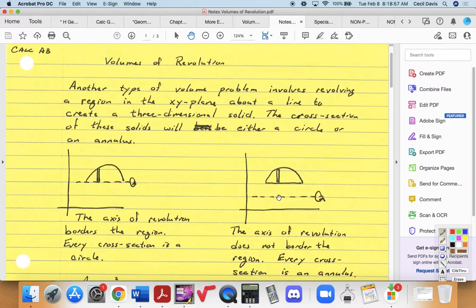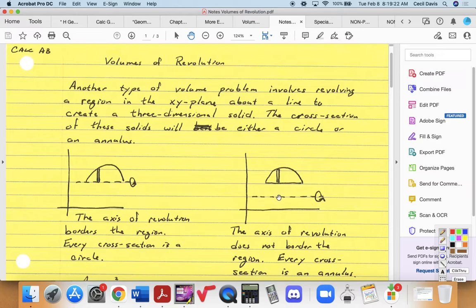So if every one of my slices is attached to the axis of revolution, every slice is going to be a circle. And if none of them are, except for sometimes on the very end, it'll touch in one place, but it still works. If you have slices that are not attached to the axis of revolution, when you spin it around, you get an annulus. You've got a hole in the middle.